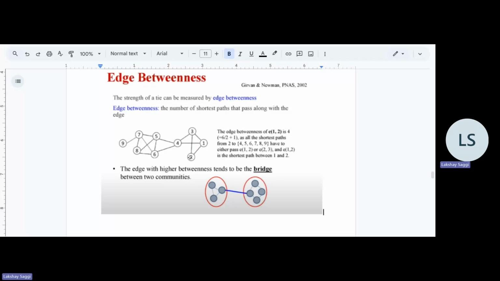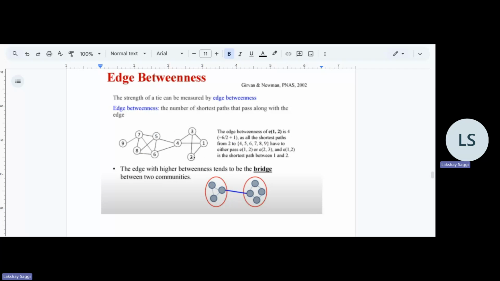And why is this the case? Because, as mentioned, all shortest paths have to pass through either 2 1 or 2 3 to reach any of these vertices, and the numbers will be equal. So each of these pairs, 2 comma 4 through 2 comma 9, contributes a value of half, and there are six such pairs, so it will be 6 by 2.